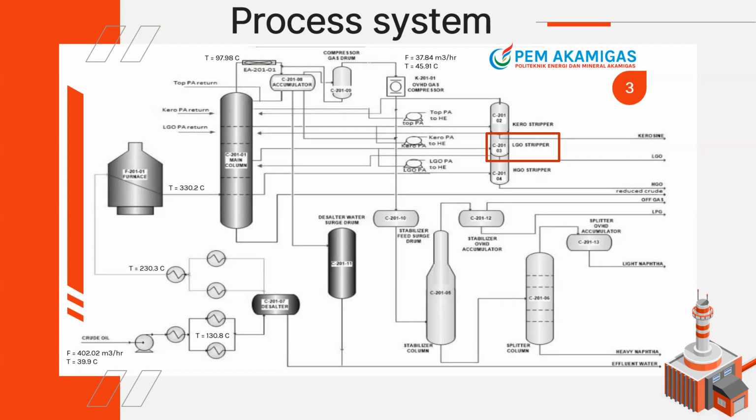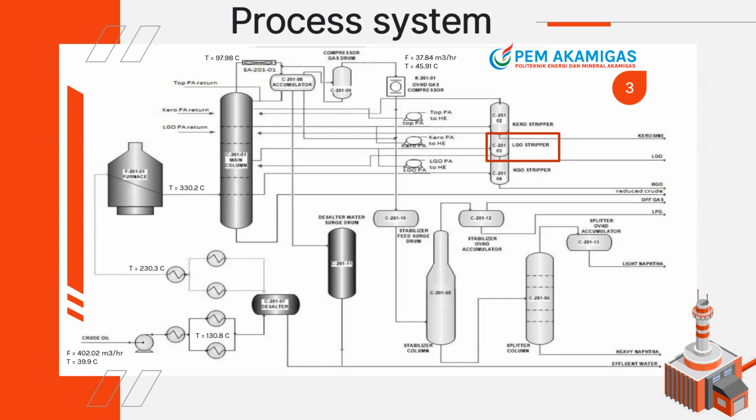After passing through the heat exchanger, the flow is injected with water and emulsifier. The addition of water is meant to dissolve the salts in the oil, while the emulsifier serves to break the emulsion between water and oil. The desalter serves to separate the dissolved salts in the crude oil with the help of a high electric field.